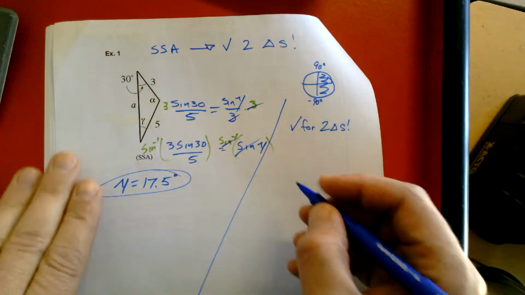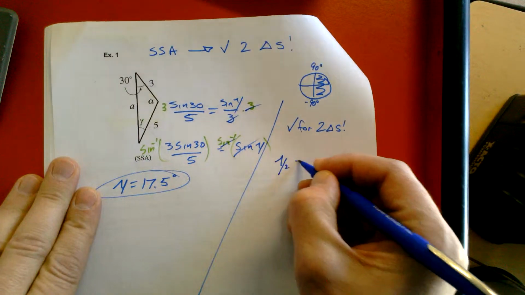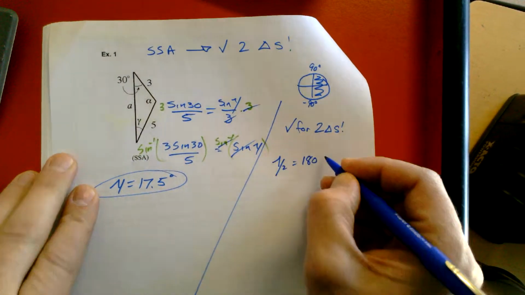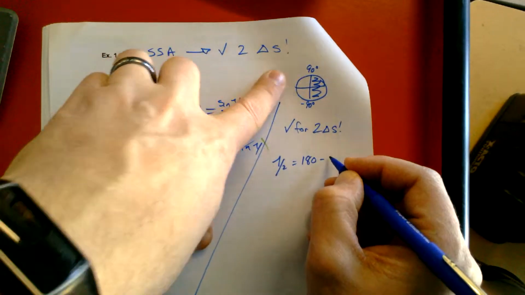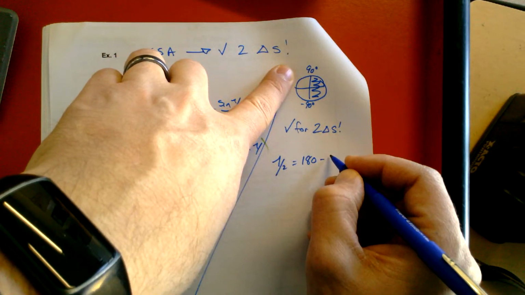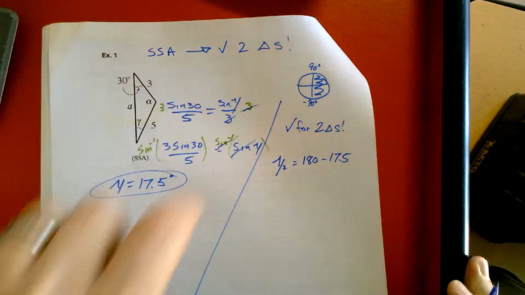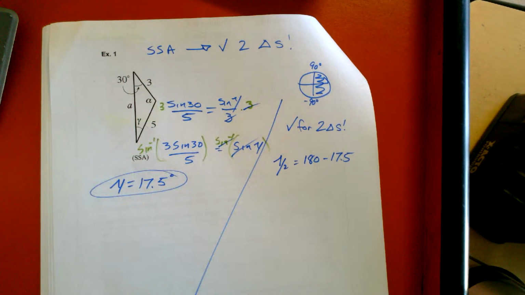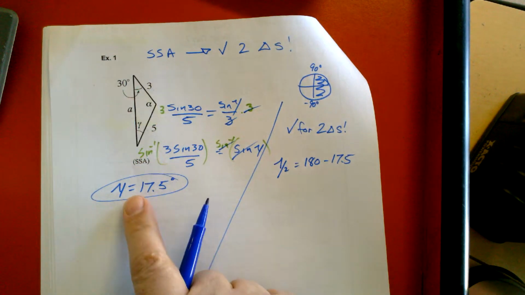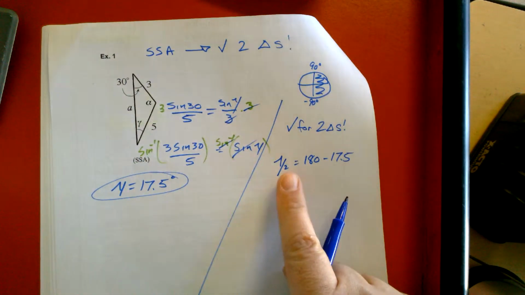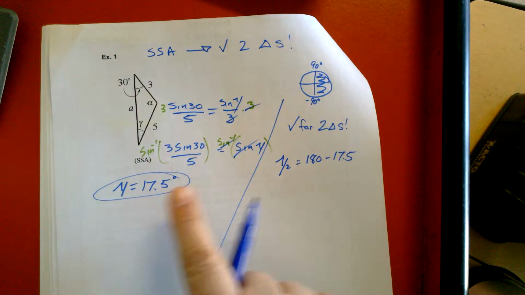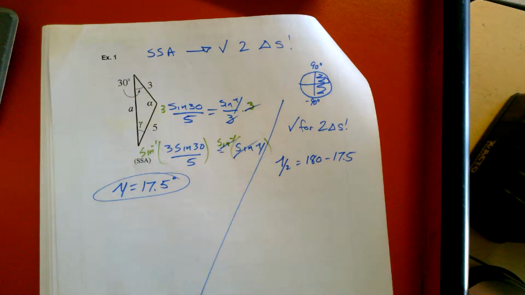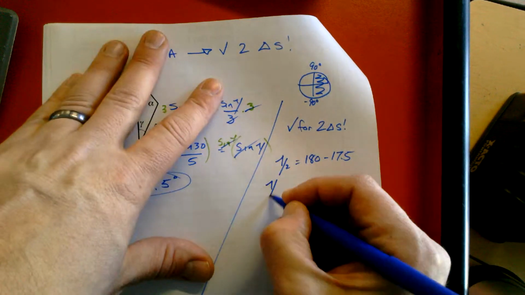And to do that, we take 180 and add it to negative 17 and a half, or basically subtract it from 180. That's going to give us that obtuse angle that we need to check. So if I want gamma 2, that's subscript, so I can tell them apart, I'm going to take 180 minus the angle that I just came up with, and then I'm going to see what I get.